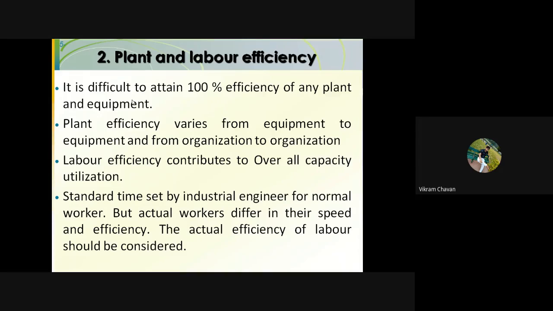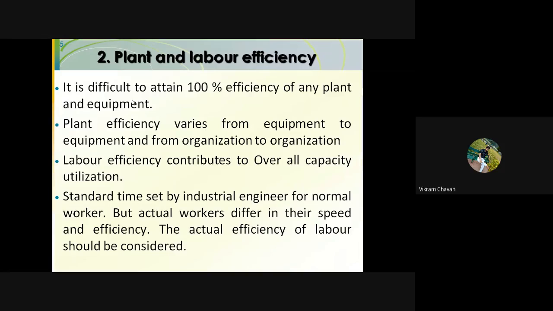Plant efficiency varies from equipment to equipment and from organization to organization. If you consider that we have purchased the same machine at the same time, they will not produce the same amount of components in the same time period. There will be differences.